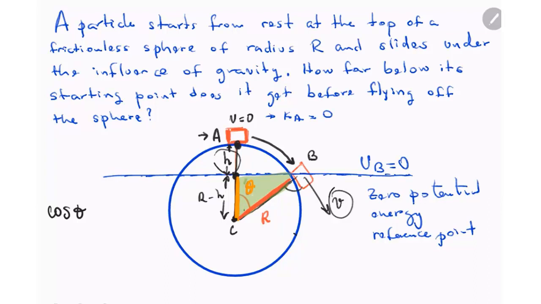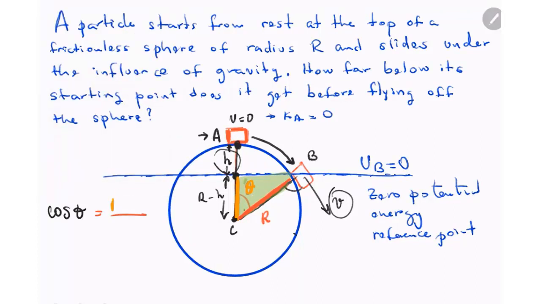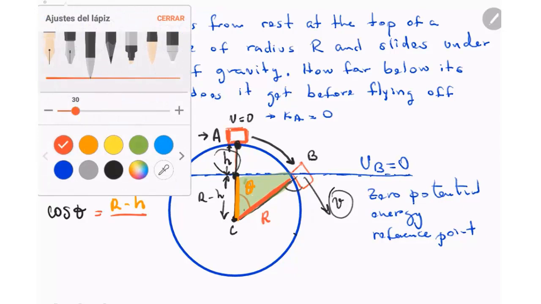Okay, so by the geometry of the problem, we have that definition: adjacent side, I mean r minus h, the orange side, divided by the hypotenuse, the red side, r.